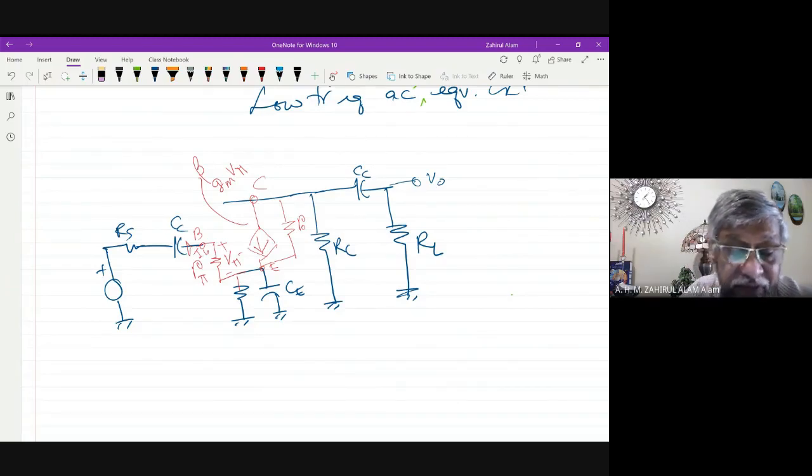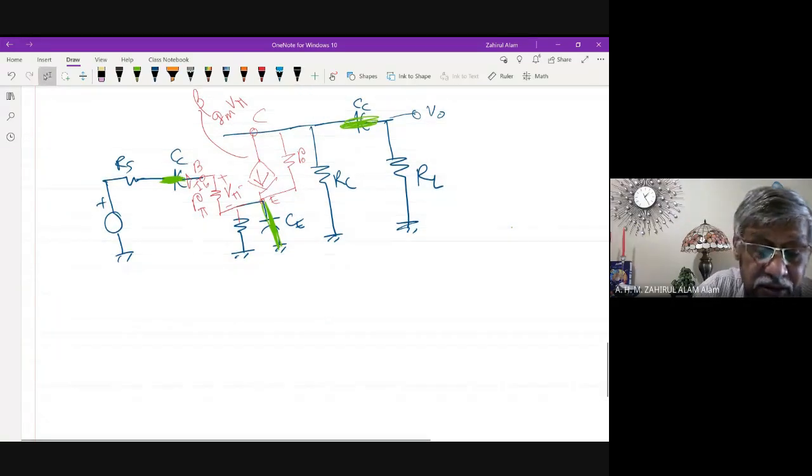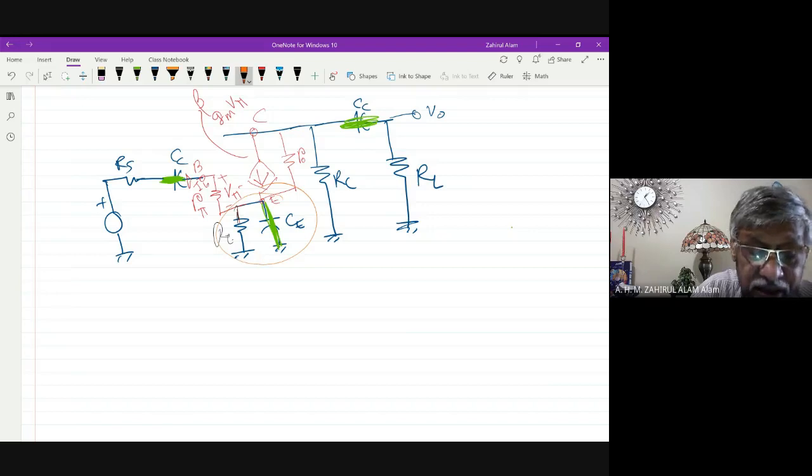When low frequency finishes at a certain frequency, then these become short circuit, these become short circuit, and these become short circuit. So if we redraw the circuit, this is the emitter resistance, and this is in parallel with the shorted path, so the equivalent resistance is equal to 0.